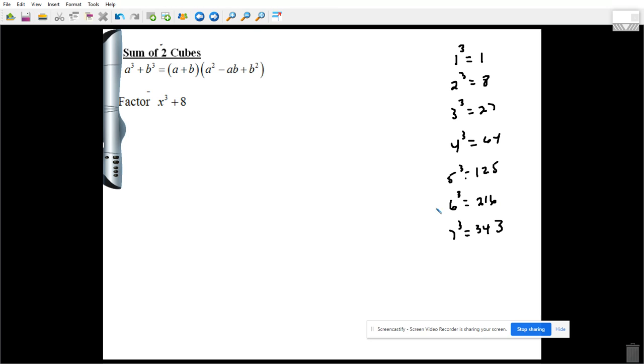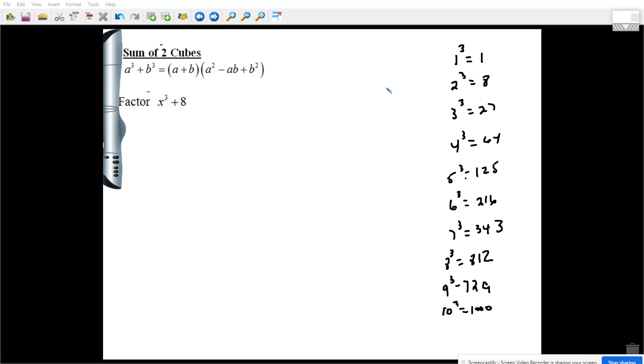And these are just numbers you need to be familiar with. 8 cubed is 512. 9 cubed is 729. Just make sure I don't screw that up. Yeah, 729. And 10 cubed is 1,000. Obviously these aren't the only 10. They go up and up.